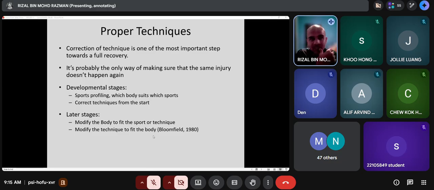In weightlifting, you don't want tall people because you need to move the bar very far up against gravity. So that is profiling. If you profile properly, then the risk of injury will be less and the likelihood of success will be higher. If you send a short person to play basketball, there are some short persons playing basketball, some pretty good ones, the guards and whatever, short ones.